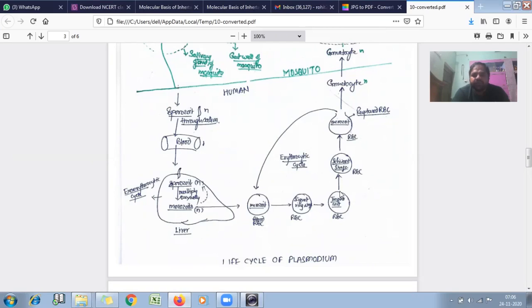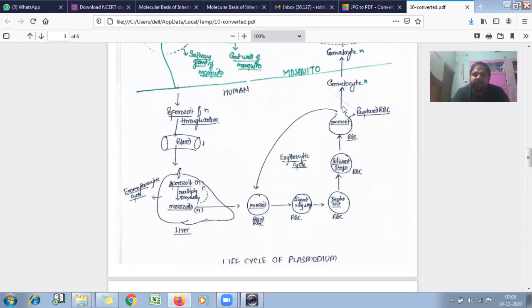Now it will be converted into the trophozoite stage. Then it will be converted into another stage of the life cycle, the schizont stage, and when they become merozoites, they rupture the RBC and come out. Some of the merozoites will infect another RBC, and some of the merozoites will be converted into gametocytes.